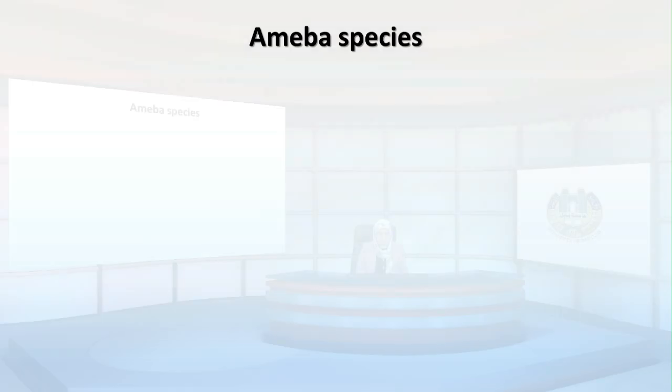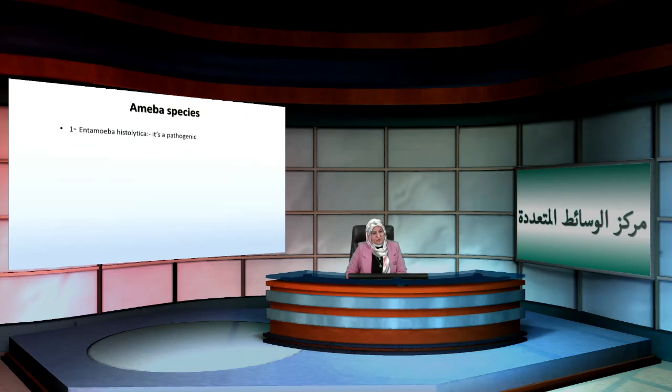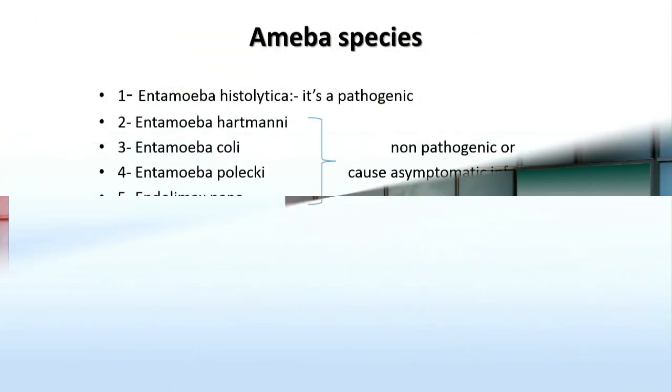محاضرتنا بالذات اليوم هي عن الساركودينا أو الاميبيك سبيشيز اللي تنتمي إلى الانتستينال بروتوزوا. The amoebic species are, first, Entamoeba histolytica, it's a pathogen. Second, Entamoeba hartmanni. Third, Entamoeba coli.